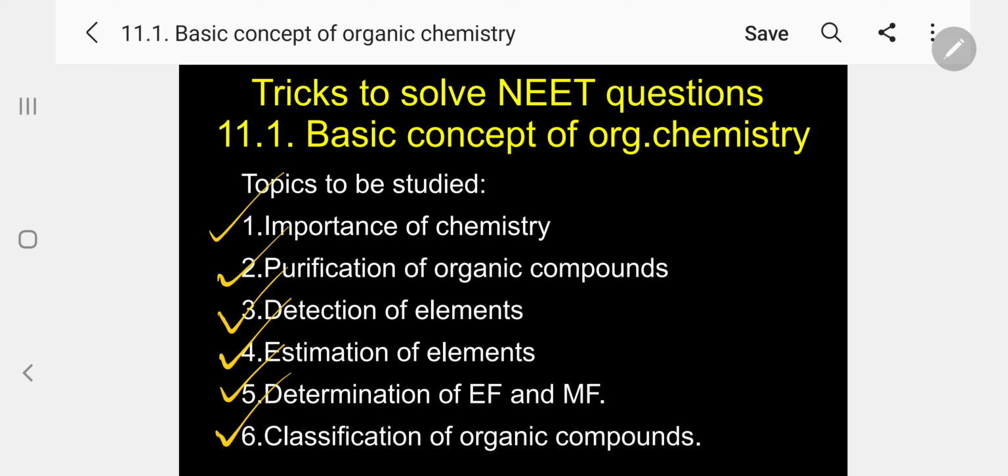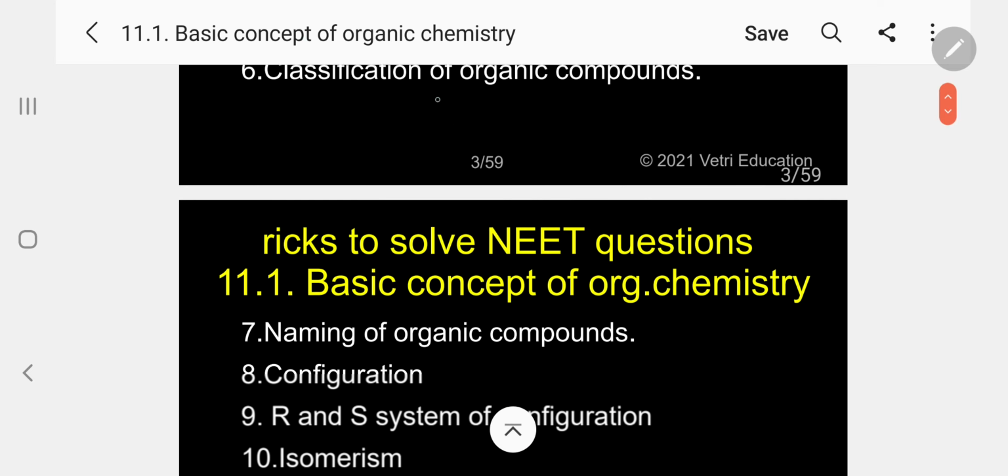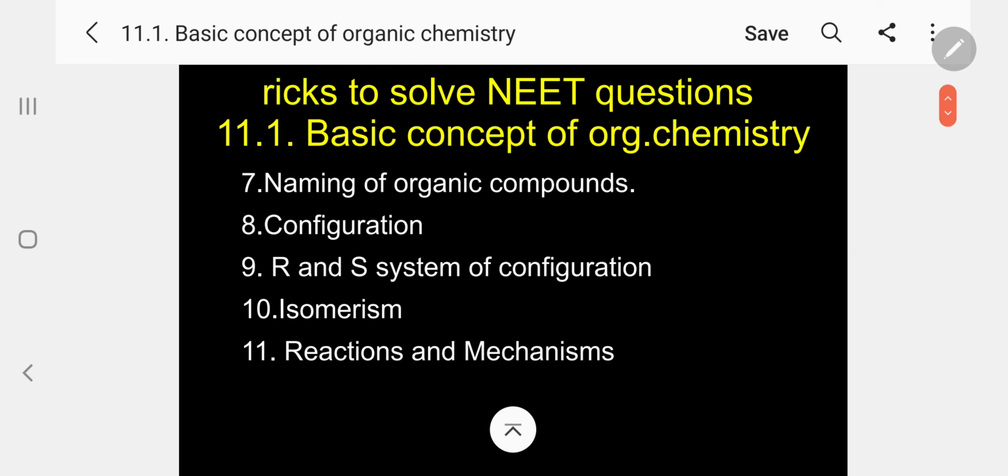Then classification of organic compounds based on the functional groups. Then naming of organic compounds, that is, the common name and IUPAC name. Configuration: here we have to study three types of configuration.